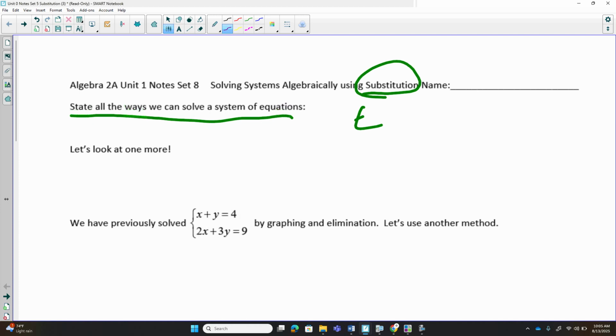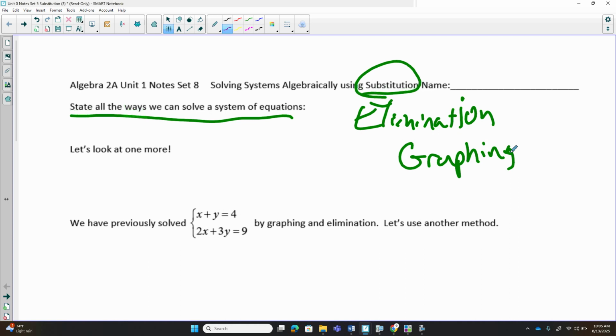Substitution is one, elimination is another. I'm lazy, so I'm not going to write that word. And then graphing. And there's another one that you could use, but it's not very good: trial and error. You could just randomly plug numbers in and see if they work. How much fun would that be?